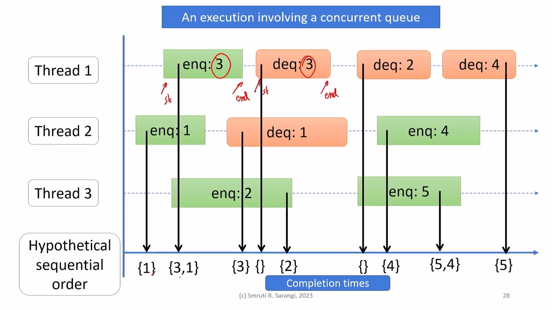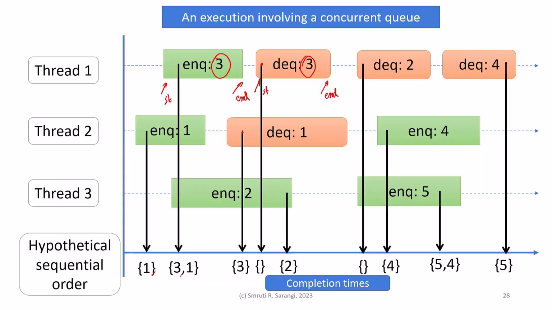We have NQ3, the state of the queue is 3, right? NQ2, DQ1. And I have just arranged all of these events in the order of their completion times on a linear line. Is that clear? That I was somehow aware of the completion times. I arranged them on a linear line.